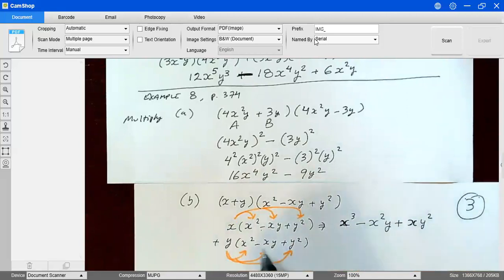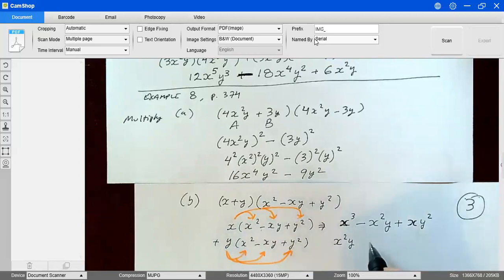Now in the second row we have x squared times y. I'm going to write first the x and then the y. So the order of the factors doesn't change the result. So you can write y x squared or x squared y. I needed to write in the same order to be able to combine like terms.